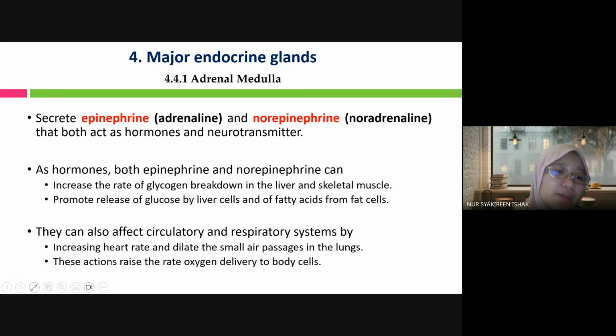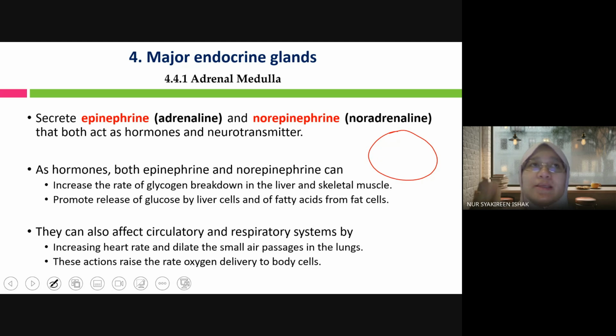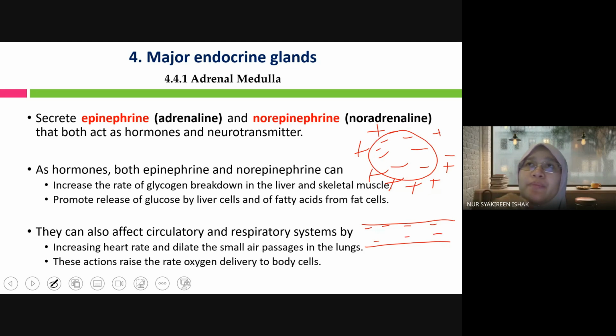Dulu saya pernah cerita kat you all, semua sel dia mesti dalam keadaan negatif kat dalam, positif kat luar. Tapi kalau untuk neuron cell, this is the axon of the neuron. Untuk the neuron to be able to generate and transmit impulse ni adalah disebabkan oleh perubahan membrane potential.